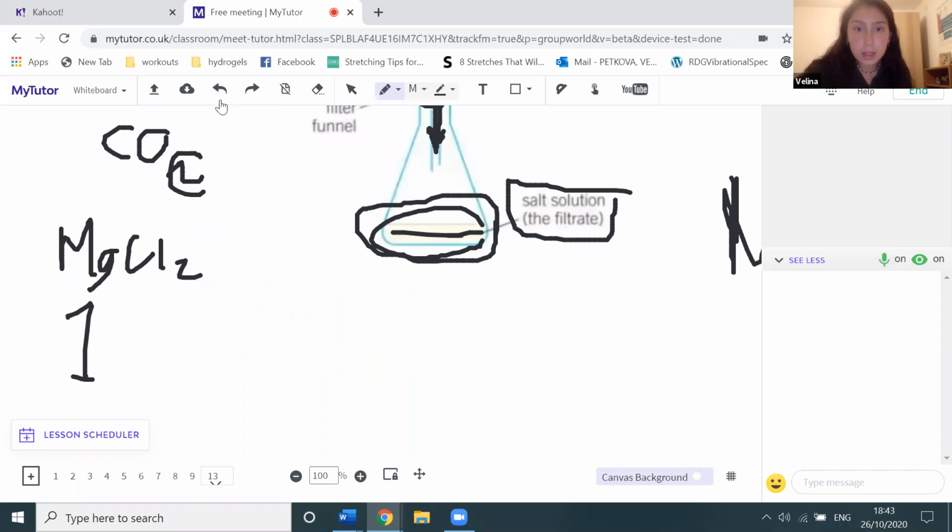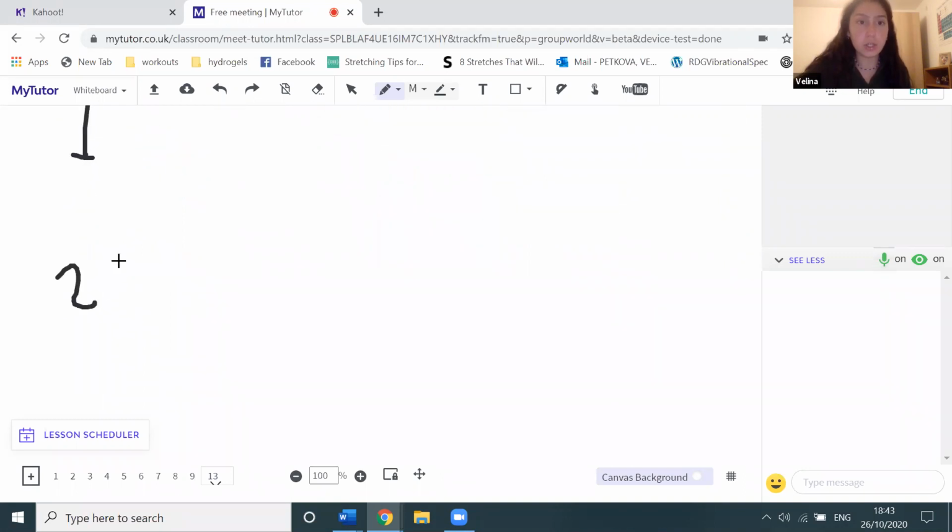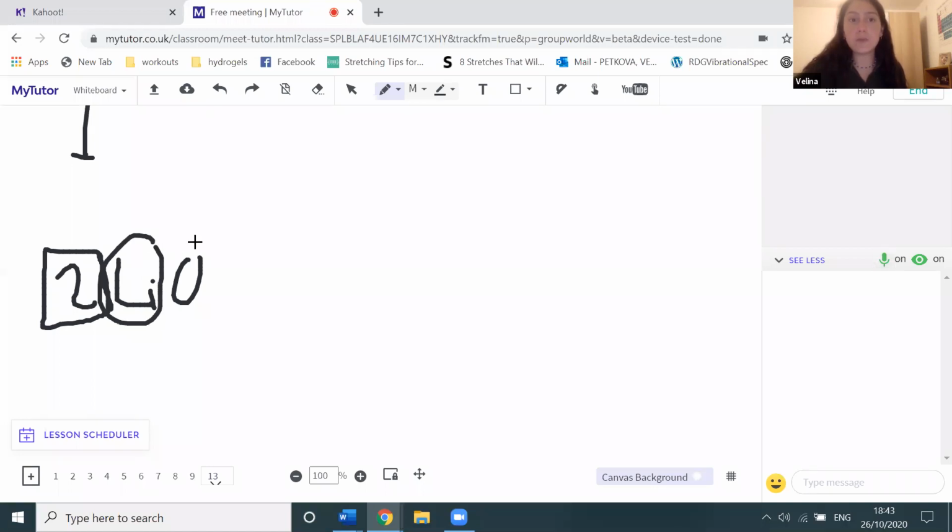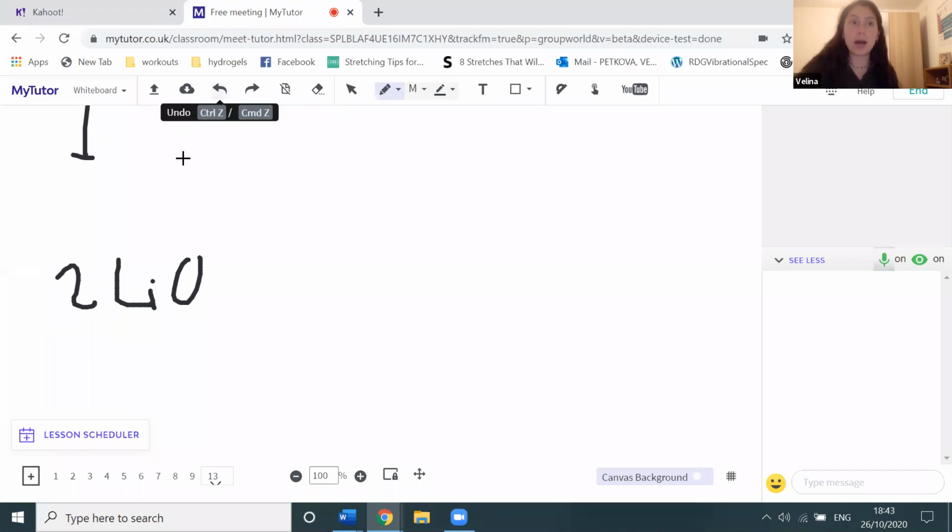Another question is, does 2 LiO mean that there's 2 lithiums and 2 oxygens, or just 2 lithiums? Whenever it's in front of your chemical formula, you multiply the number of each atom by whatever's in the front. So it would be 2 lithiums and 2 oxygens. Perfect, whoever said that.